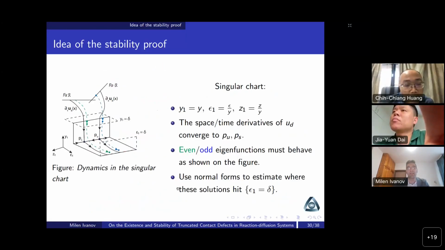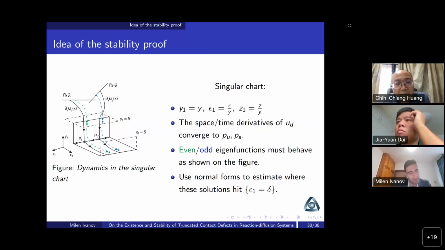In the singular chart, which is not really important for the talk, the substitution looks like this. We can do this substitution and then rescale time, and we have the following picture. We have the space derivative of the contact defects, which I remind you solves the eigenvalue problem.